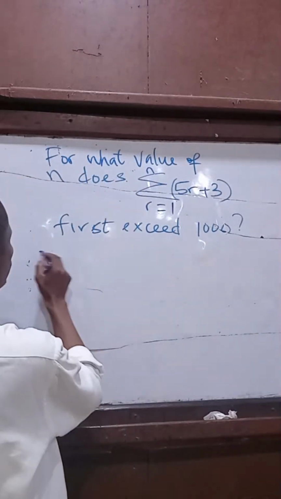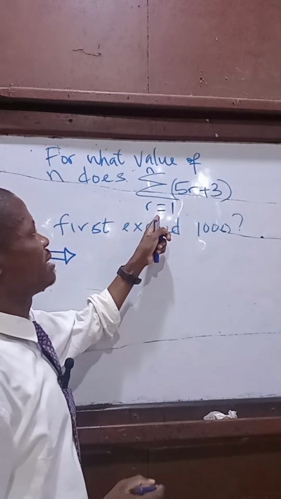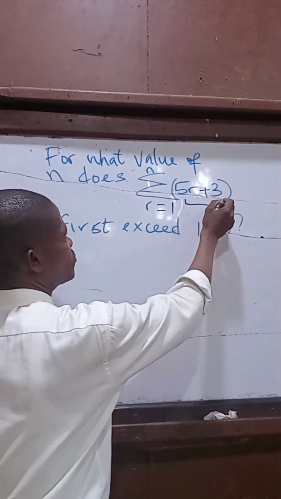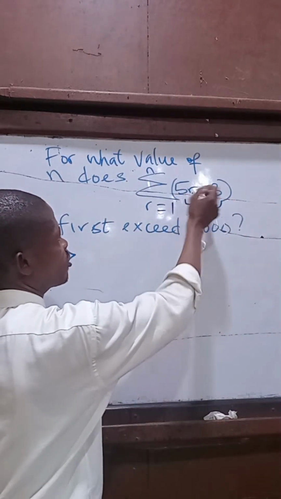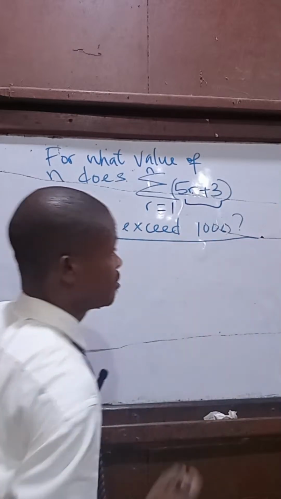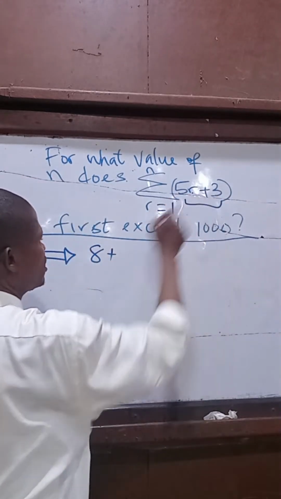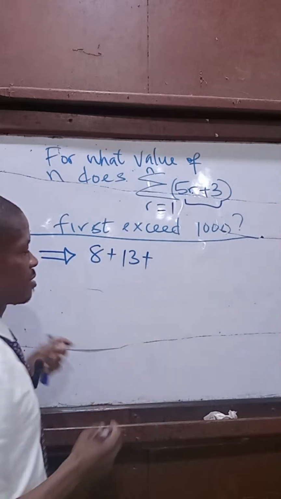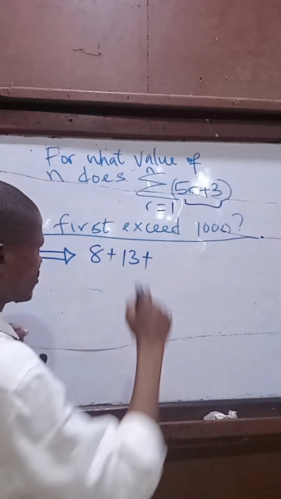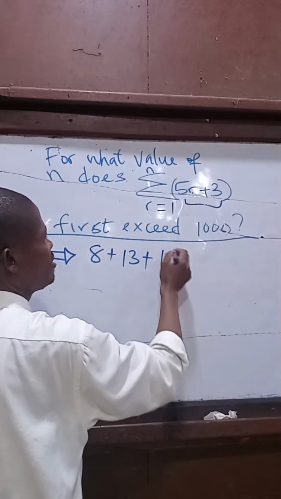So the first thing we're going to do is to get the series. I'll start from 1 and put it in this equation. So that'll be 5 times 1 plus 3, that's 8. Plus 5 times 2 plus 3, that's 13. Plus 5 times 3 plus 3, that's 18.